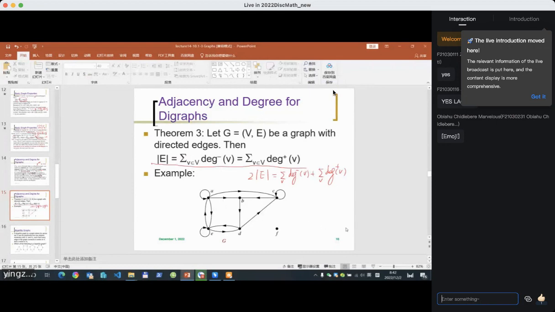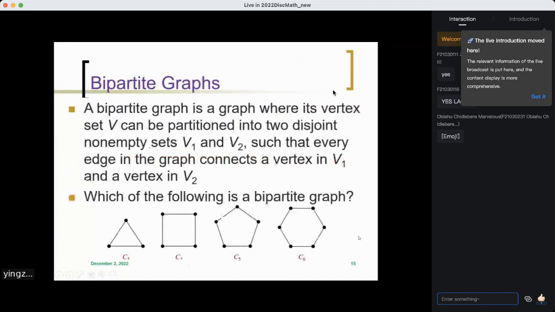Then this is an example, just to show you about these similar things. And here is more about the concept of a bipartite graph.